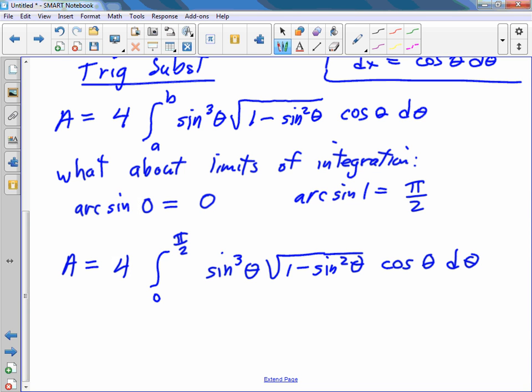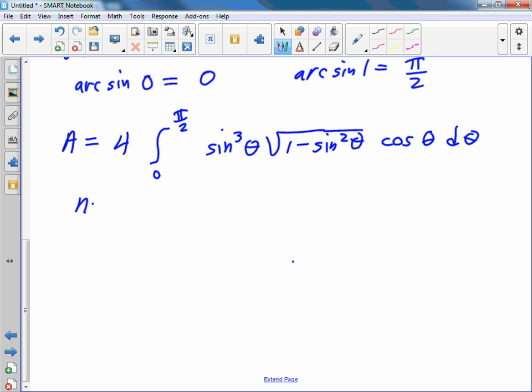Now, this is where it gets fun. This is where it starts to get good. Notice 1 minus sine squared theta sounds familiar.